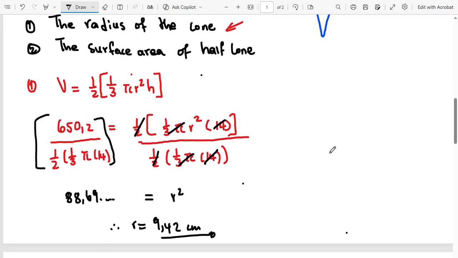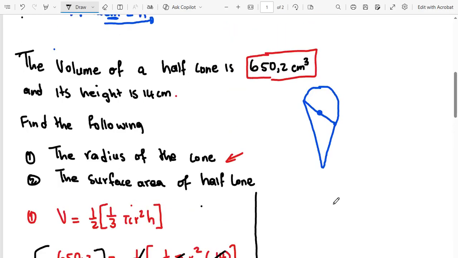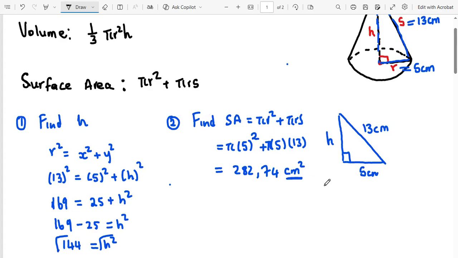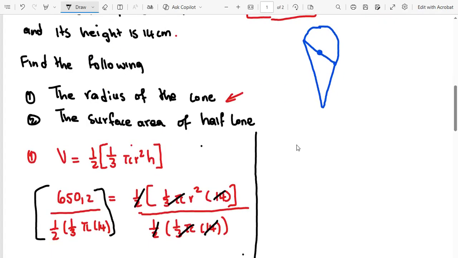So I think it's best if we just work it out on the side. Remember, let's rewrite this surface area. We said that the surface area of a whole cone is pi r squared, and this is the circle, plus pi r s, which is for the curved face.